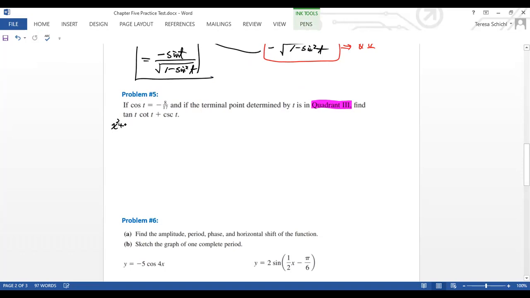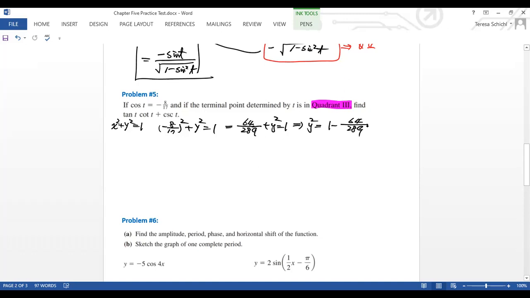x squared plus y squared equals 1. Cosine is x, so it's negative 8 over 17, squared, plus y squared equals 1. All right. So 8 times 8 is 64, over 289, plus y squared equals 1. So what is y squared? y squared is 1 minus 64 over 289, correct?